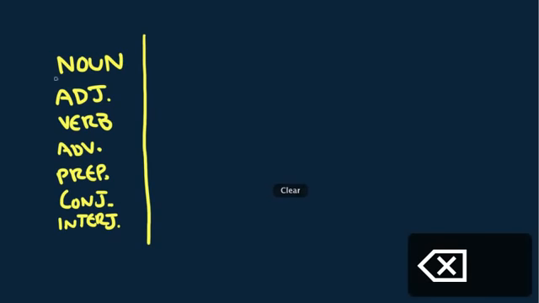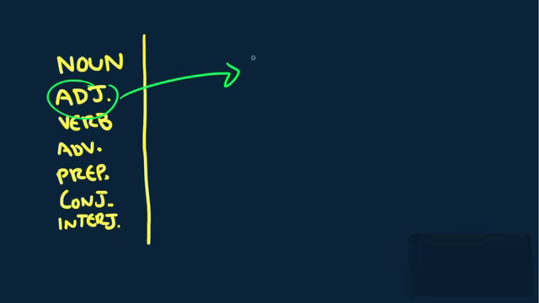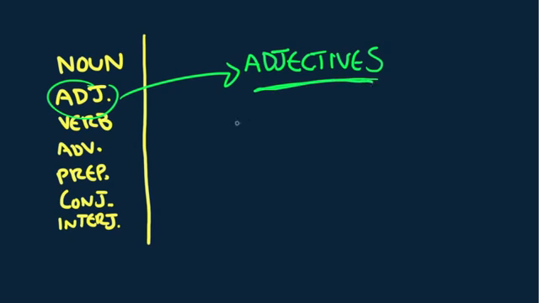Okay. Adjectives. I have to spell this out because it's a strange word. Adjectives. Adjectives are things that describe nouns. So you basically think of the basic structure in English, at least, is adjective plus noun. So things like blue sky.